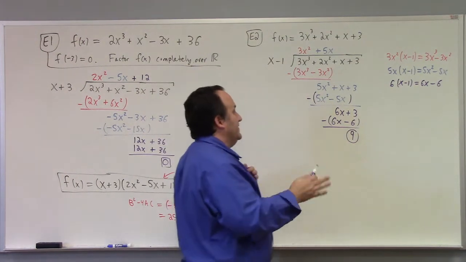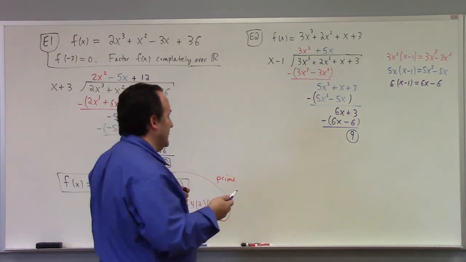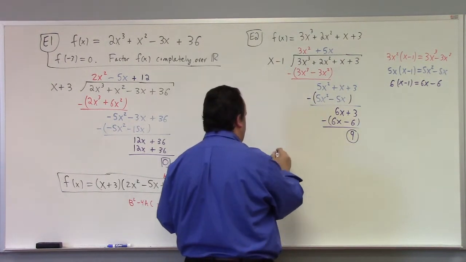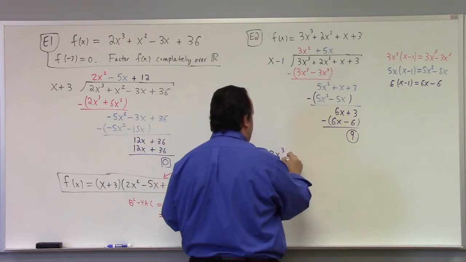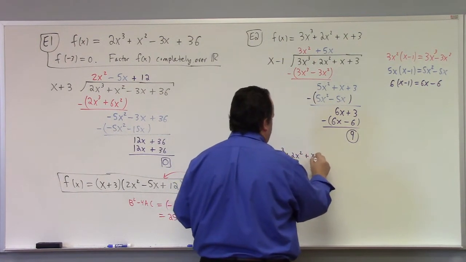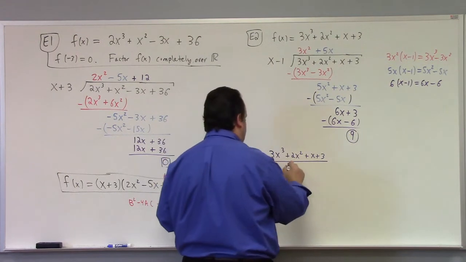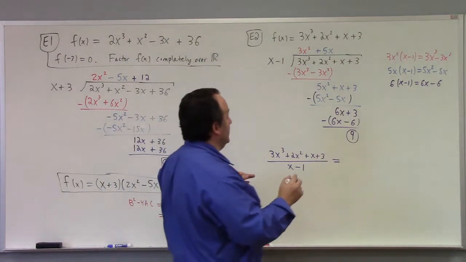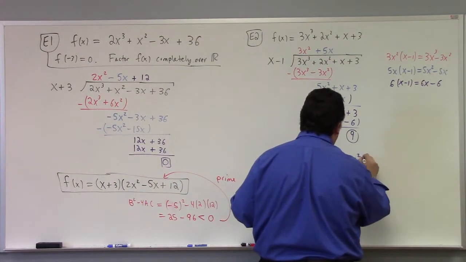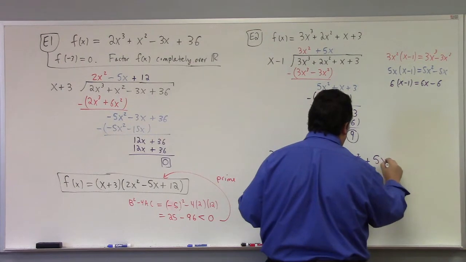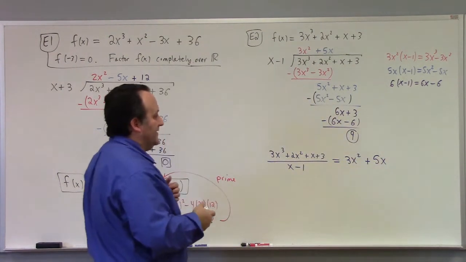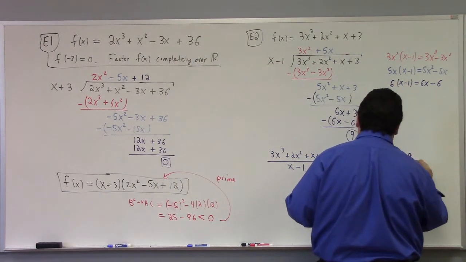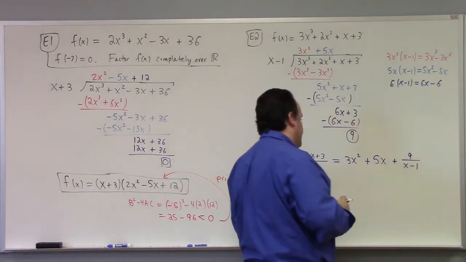What this means is that if you take 3x cubed plus 2x squared plus x plus 3 and divide it by x minus 1, what you get is 3x squared plus 5x, and then plus that remainder term, so plus 9 over x minus 1.